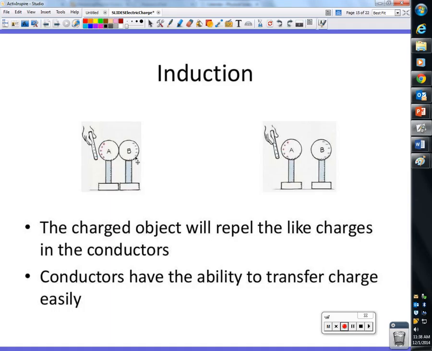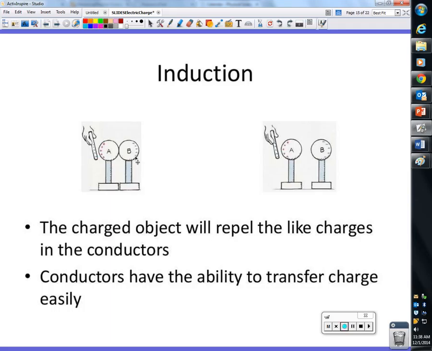So all these negatives, right, they move away from all these negatives. And that leaves the positives over here. Technically, they have the same number of positives and negatives, but we can get those negatives and positives to move around because of the attraction and the repulsion. Even though the total amount isn't the same, we have created a separation. That's an induction kind of idea, okay? Where we may not have an actual unbalanced number of positives and negatives, but we can separate them within an object. Like I said, a charged object, okay?